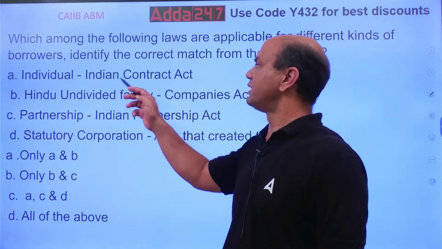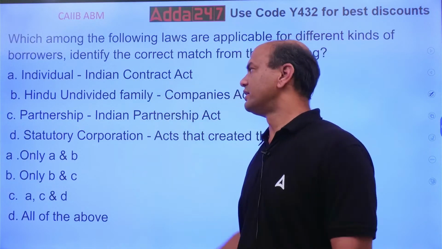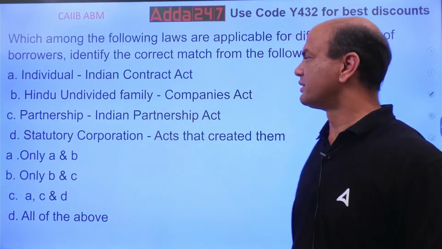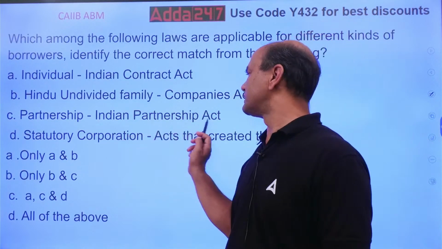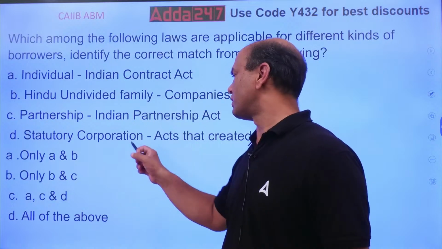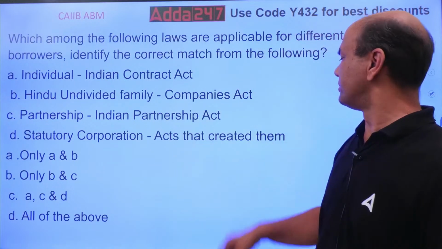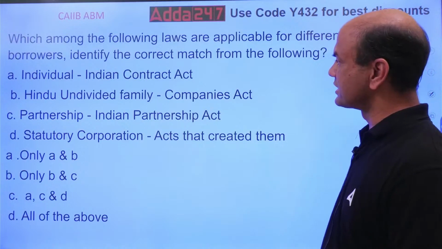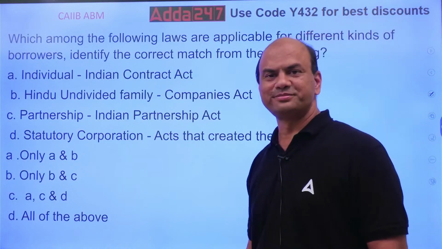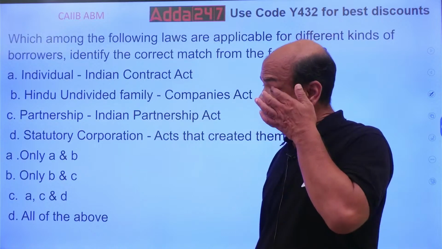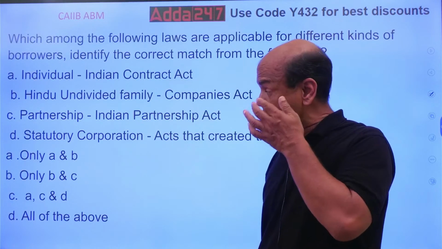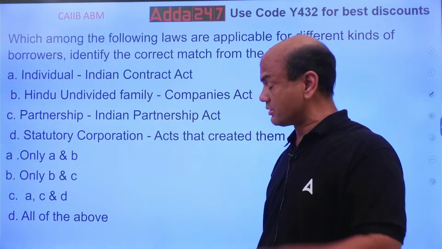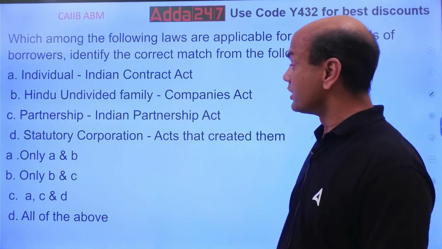Individual, Indian Contract Act; HUF, Companies Act; Partnership, Indian Partnership Act; Statutory Corporation, the acts that created them. So what is correct here?